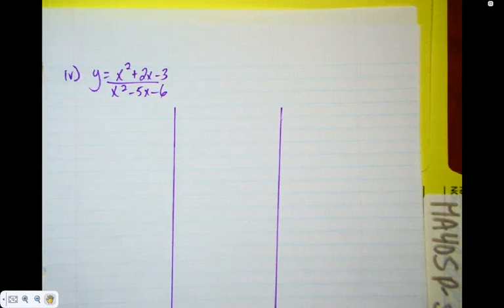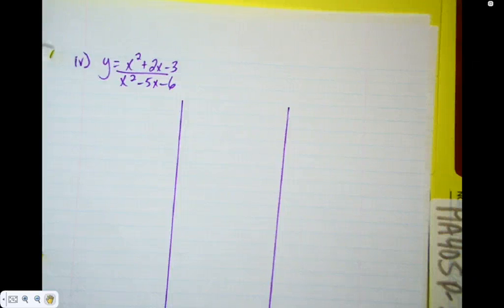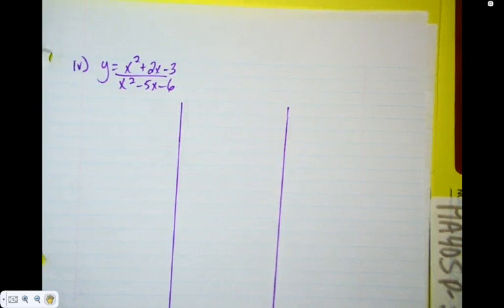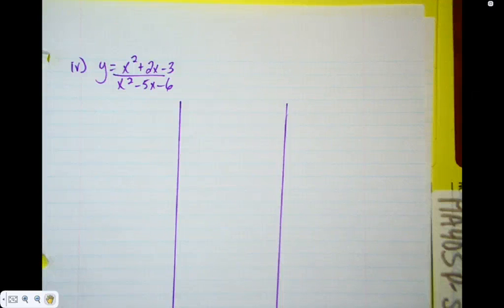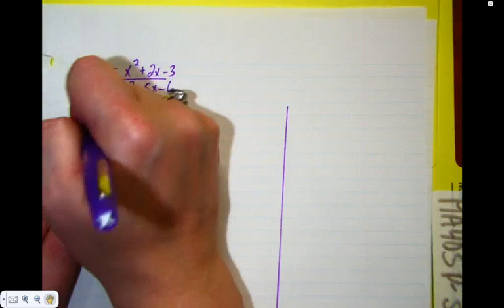Step 1 for vertical asymptotes and holes: factor. Turn to someone in front, behind, beside them. Tell them how to factor this. x plus 3 times x minus.